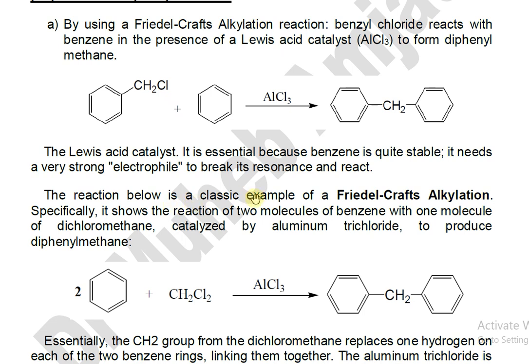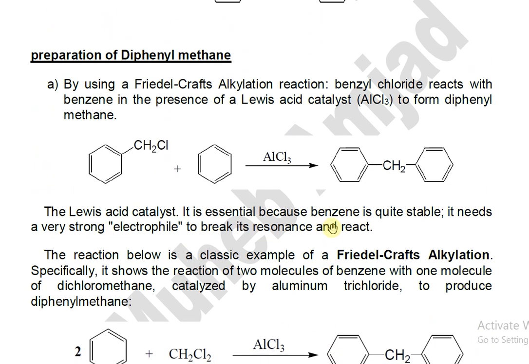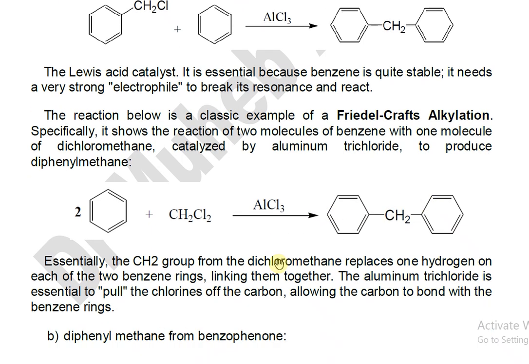The reaction below here is a classical example of the Friedel-Crafts alkylation. It shows the reaction of 2 molecules of benzene with 1 molecule of dichloromethane. The first reaction here is a two-step reaction. First, benzene reacts with the methylene chloride to generate the benzyl chloride, and then the benzyl chloride reacts with the second benzene ring to generate diphenyl methane.